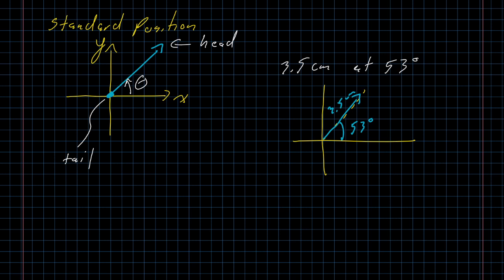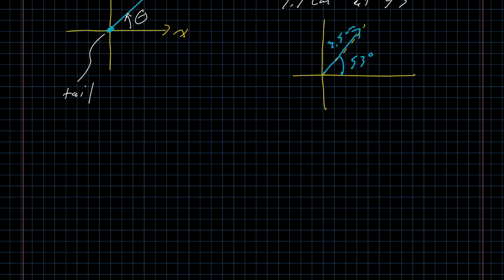If I have a vector that is 4.2 centimeters at 111 degrees, well, from standard position, an angle of 111 degrees takes us about to there. Then along that line, I go a distance of 4.2 centimeters.